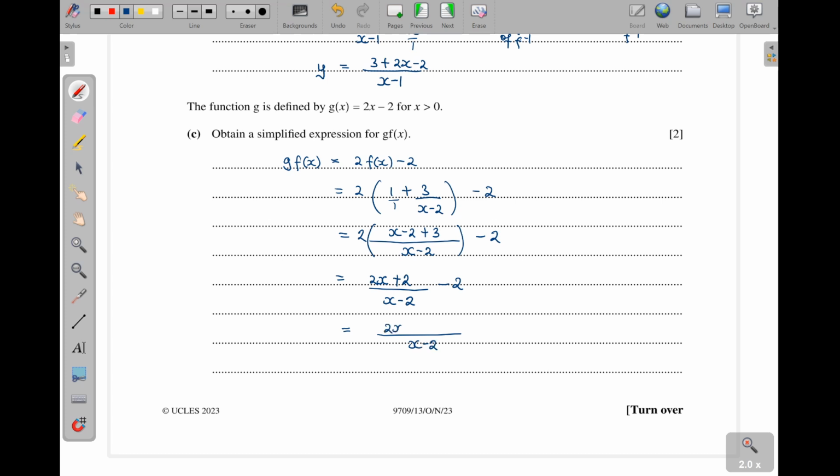So we have 2x, then plus 2. Then when this one multiplies with everything here, we shall get negative 2x, then plus the 4. And then from here, we can see that the 2x disappears. Then 2 plus 4 will be a 6. So we are getting 6 over x minus 2. As simple as that.